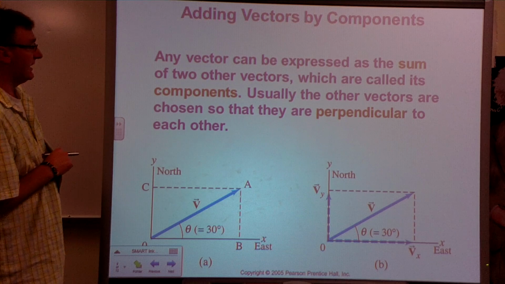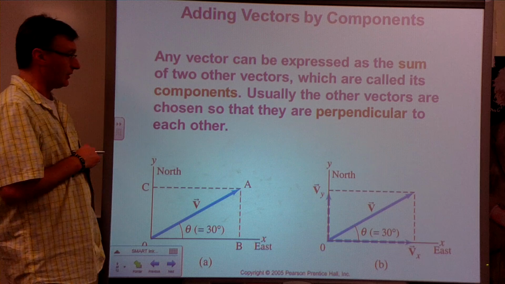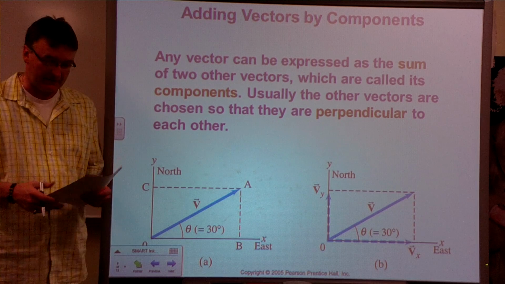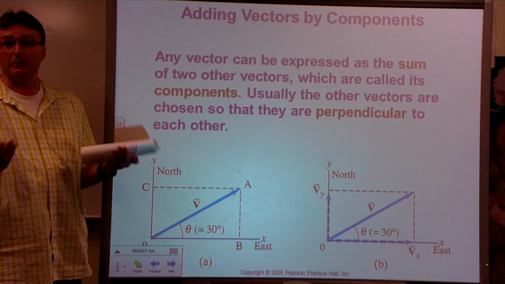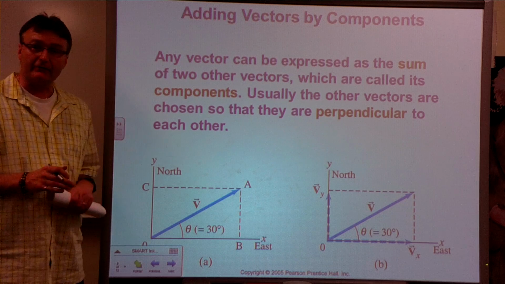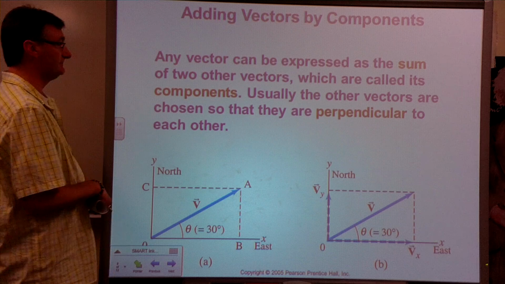Any vector can be expressed as the sum of two other vectors, which are called its components. So now we're introducing the concept of components, which we will be dealing with the entire year. Just about every unit that we do will deal in some way with components.